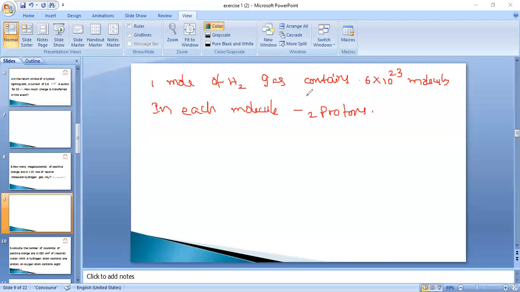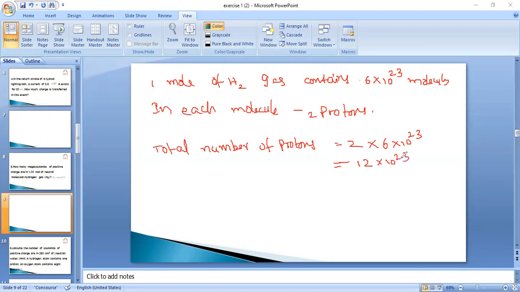That means these many molecules are there, and in each molecule there are 2 protons. So the total number of protons is nothing but 2 × 6 × 10^23, and that will be 12 × 10^23.